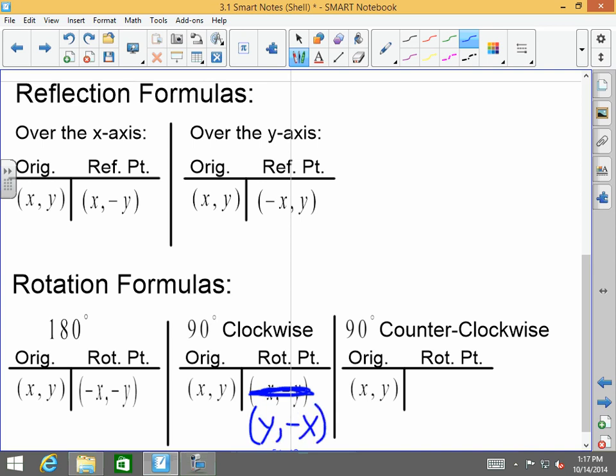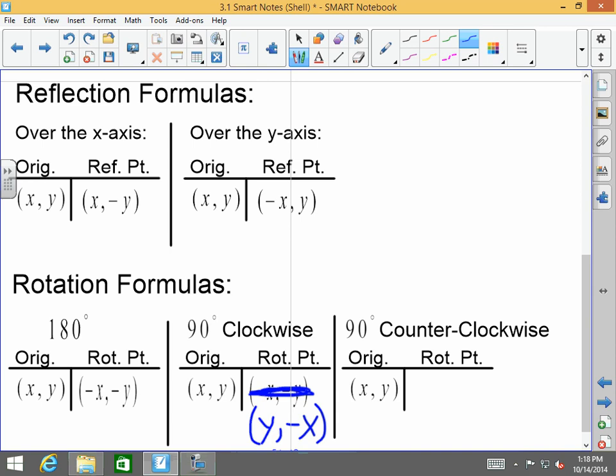My bad. Sorry. So what happens is the y value gets replaced with where the x value was, and the x goes to where the y was, but I have to multiply it by a negative. Why? Because that's what it is. Try it on your own. Try a clockwise 90-degree rotation. Not right now. Go investigate it at home, and you'll see every time that is the formula.